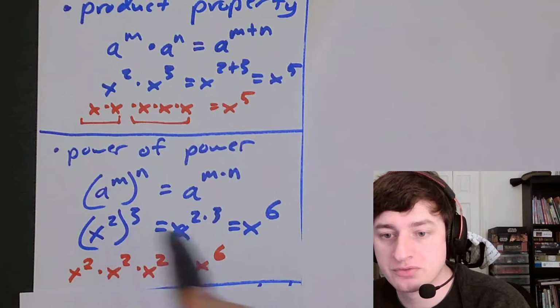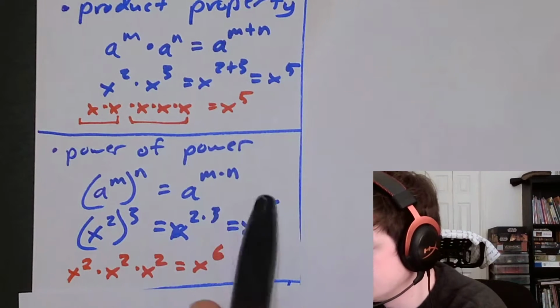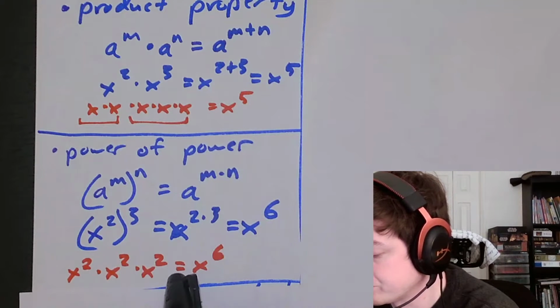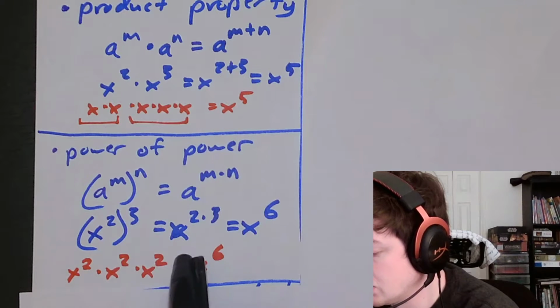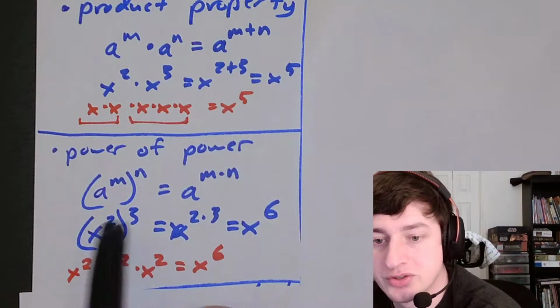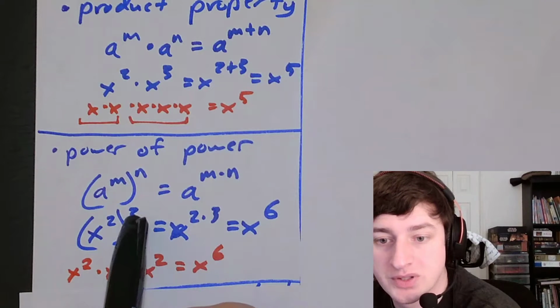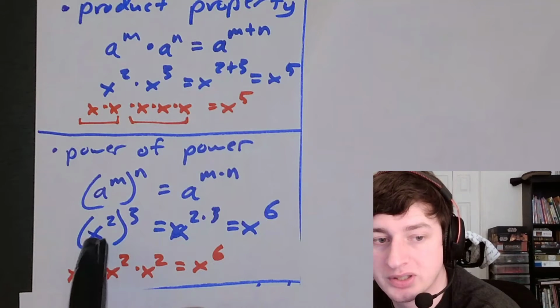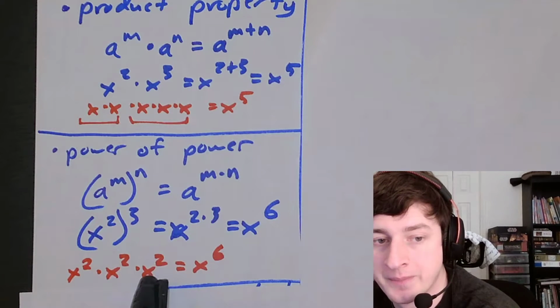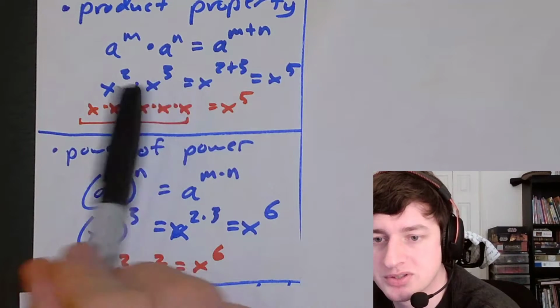So the justification for the power of a power here is that, well, if I have x squared to the third, this to the third just means I'm multiplying 3 of these together. X squared, x squared, x squared, I have 3. But if I'm multiplying 3 of these together, they all have the same base, then I can just add their exponents. That's what this said.